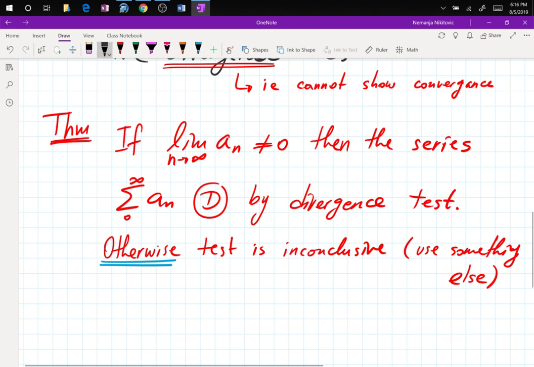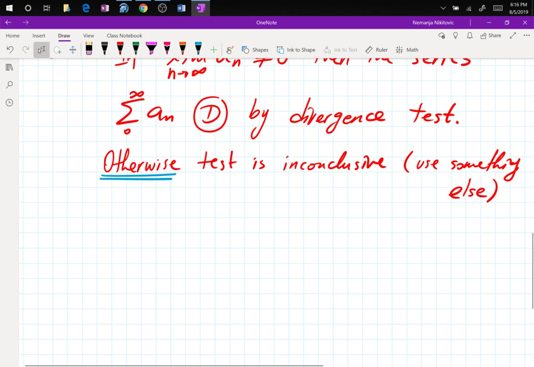So here are a few examples. Each example is about 7 seconds. That's all it is. Series of n plus 3 from 2 to infinity.